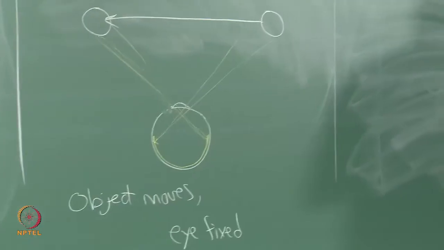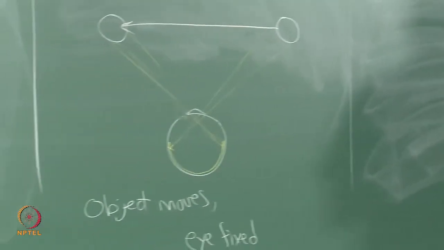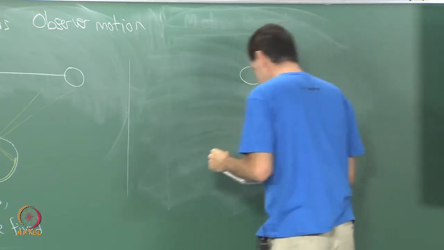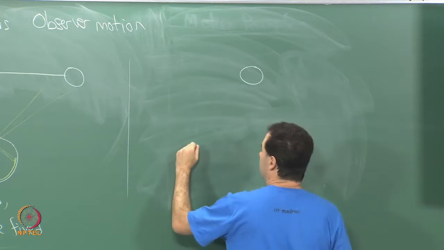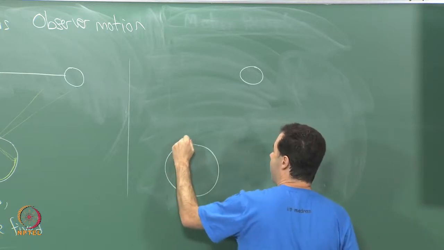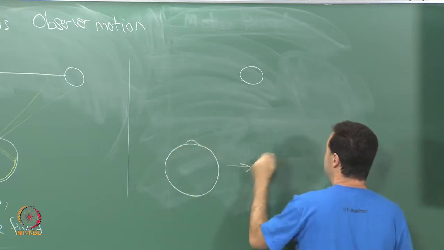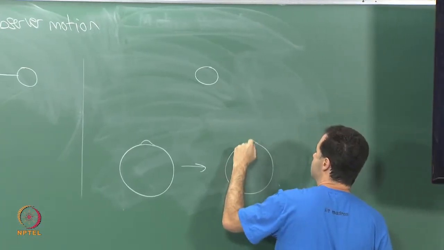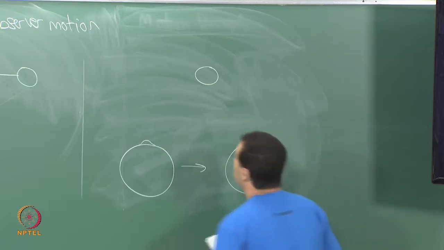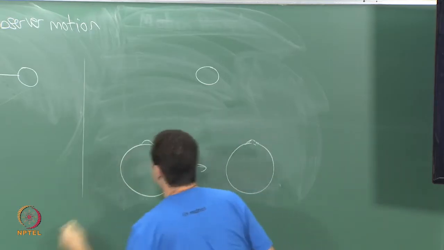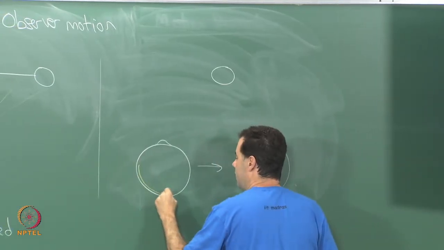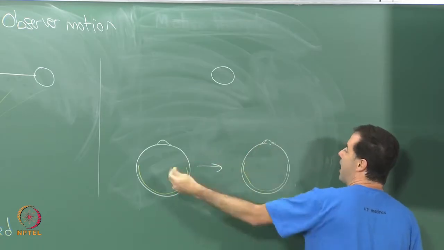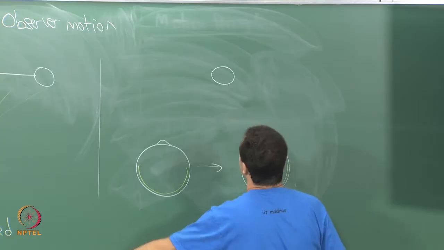And then there's another case in which I will hold the object in one place, and then I have an eye here, and I move the eye over here. So when I start off on this side, and I have the retina coming around, it should be the same eye, just moving across from left to right.